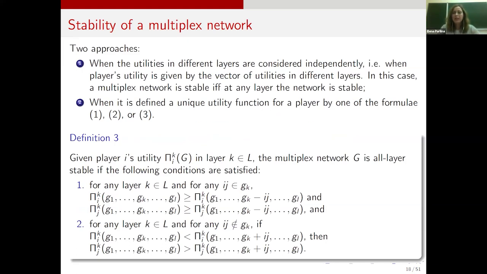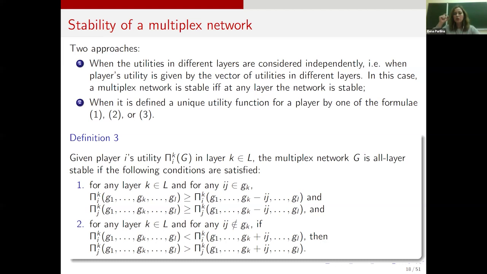We give two definitions of stability. The first definition defines the stable multiplex network if you consider the vector of utilities.